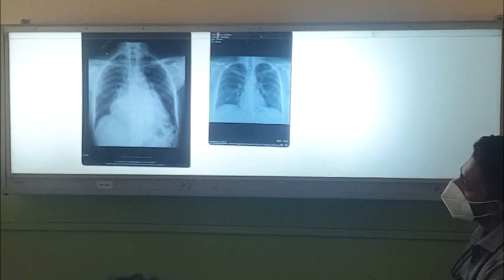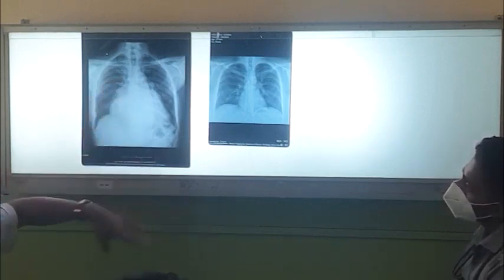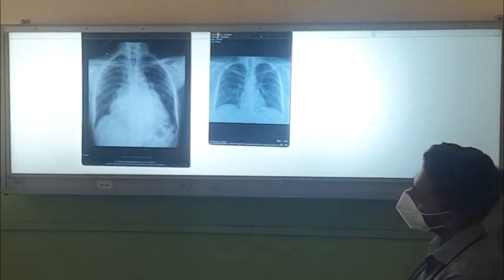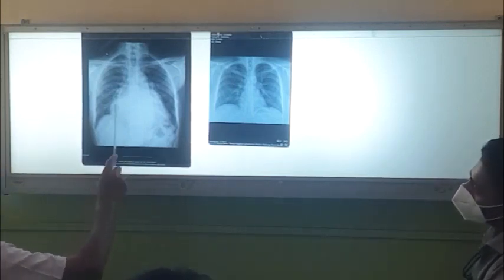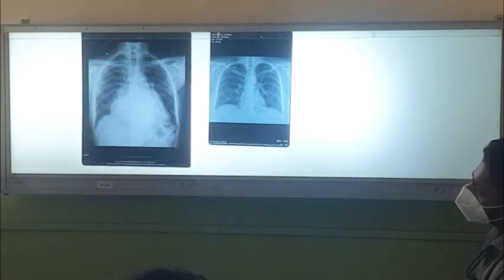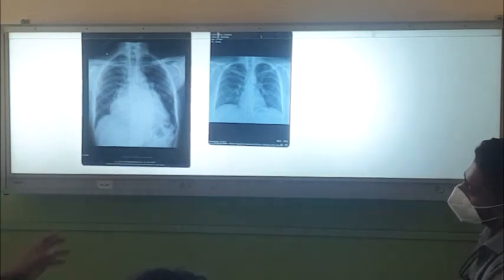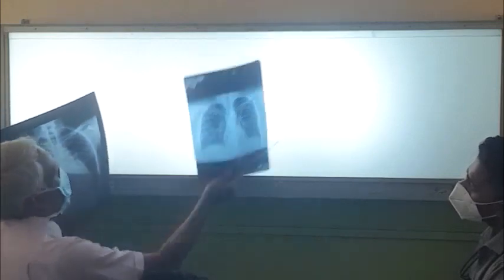And then ASD, you can see the changes of ASD. Mitral stenosis, this is the typical pattern you see, right? Cardiomegaly, dilated left atrium, double atrial shadow, and dilated left atrial appendage. So learn about cardiac patterns later.